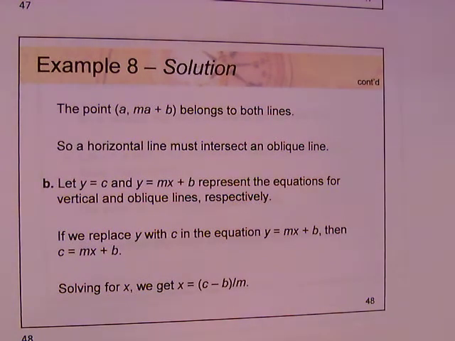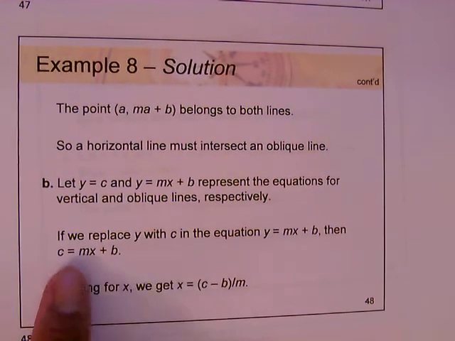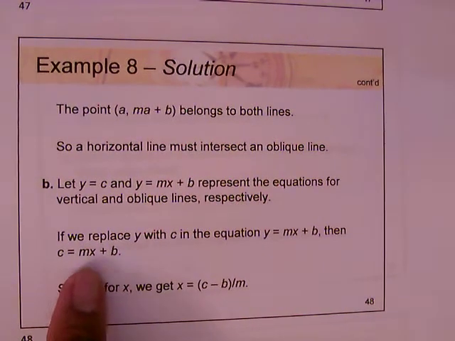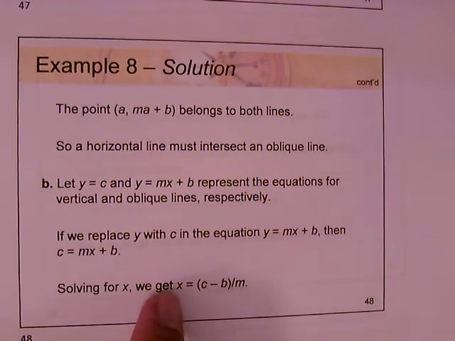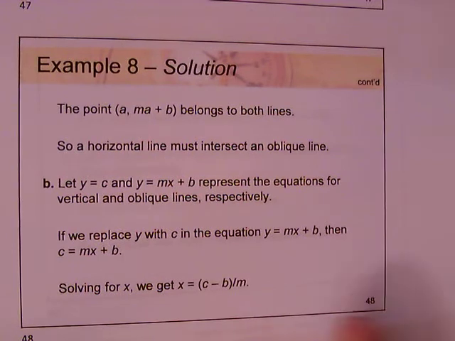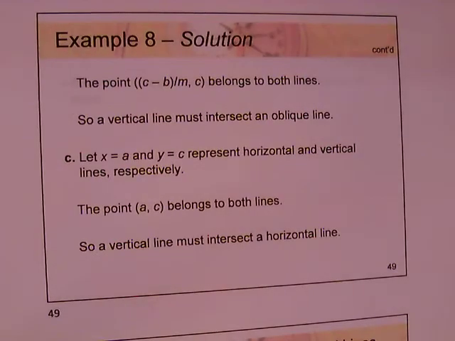If you solve for x, we subtract b on both sides and then divide both sides by m to get x equals c minus b, that quantity divided by m. So the point ((c minus b) divided by m, c) belongs to both of those lines. So that means the horizontal line has to intersect the oblique line.